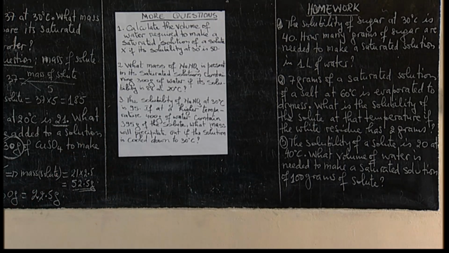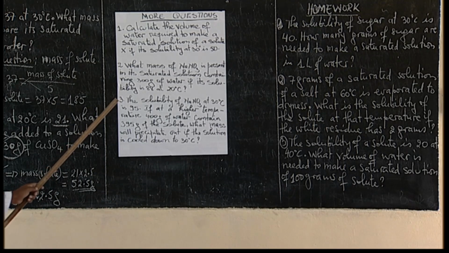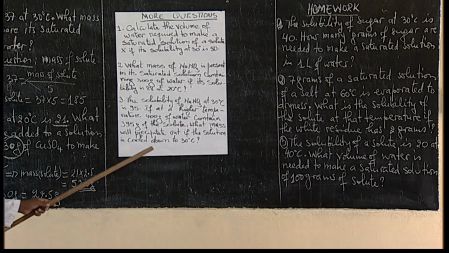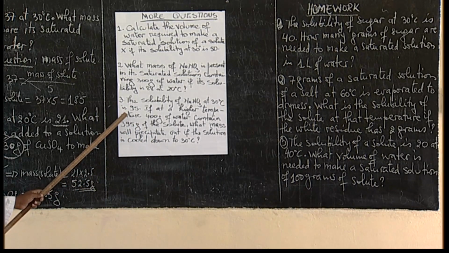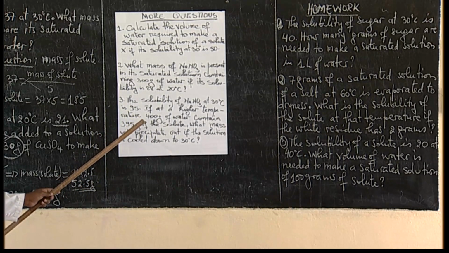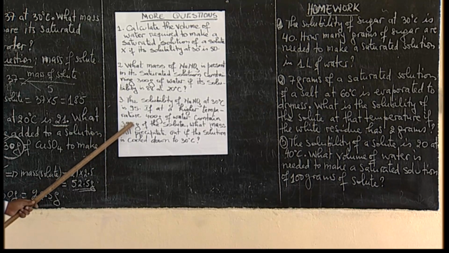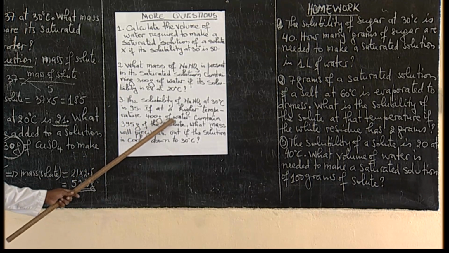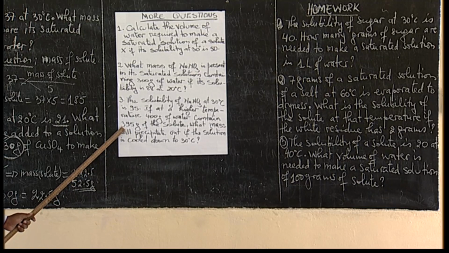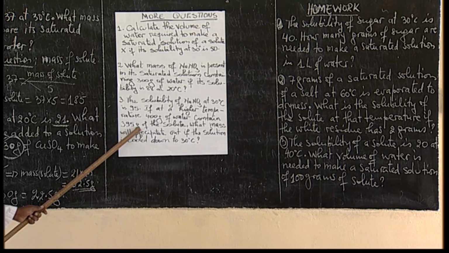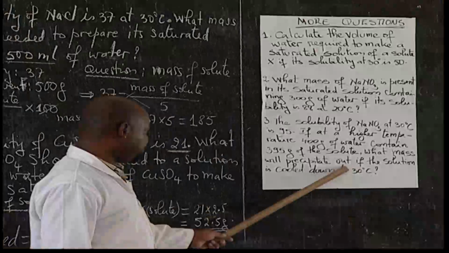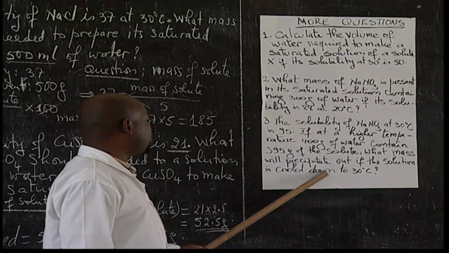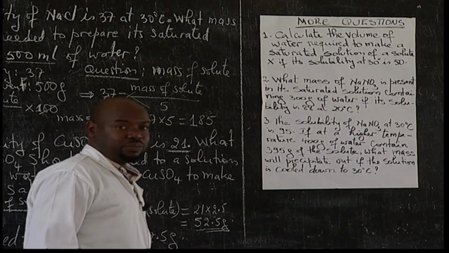That is the mass of solute. Question 3: the solubility of sodium nitrate at 30 degrees is 95. If at a higher temperature, 400 grams of water contain 395 grams of the solute, what mass will precipitate out if the solution is cooled down to this temperature?